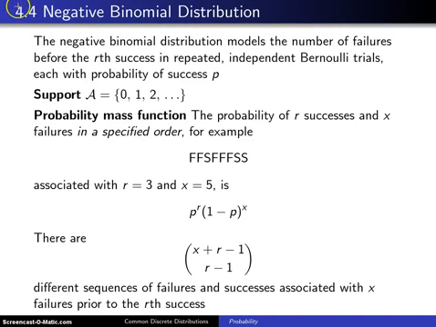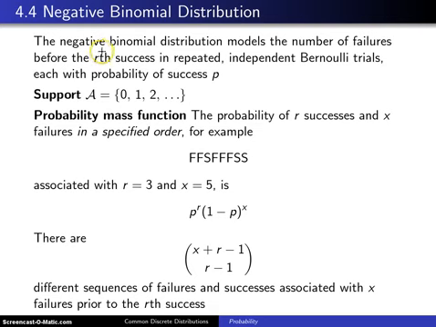So now we're introducing a fourth discrete probability distribution which comes up in applications quite often, and it is the negative binomial distribution. The negative binomial distribution models the number of failures before the rth success in repeated independent Bernoulli trials, each with probability of success p.